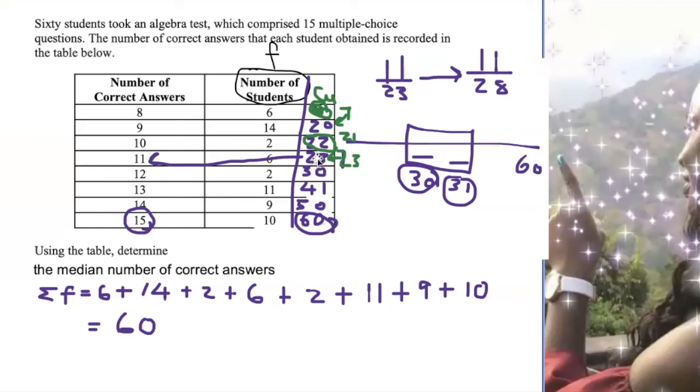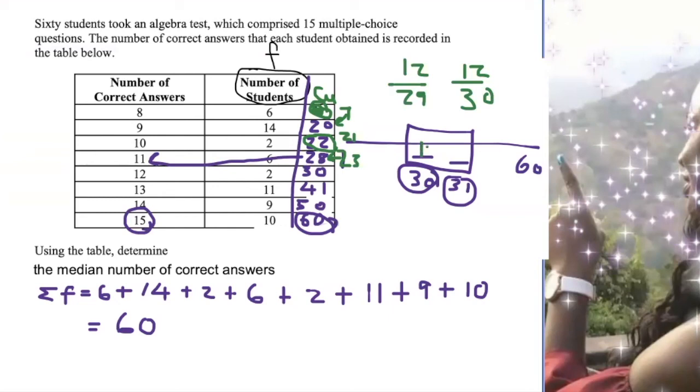Now, the next number will be the 29. So the 29th and 30th position, I will have the number 12. Now, remember, I've stated that the center will be the 30th and the 31st position.